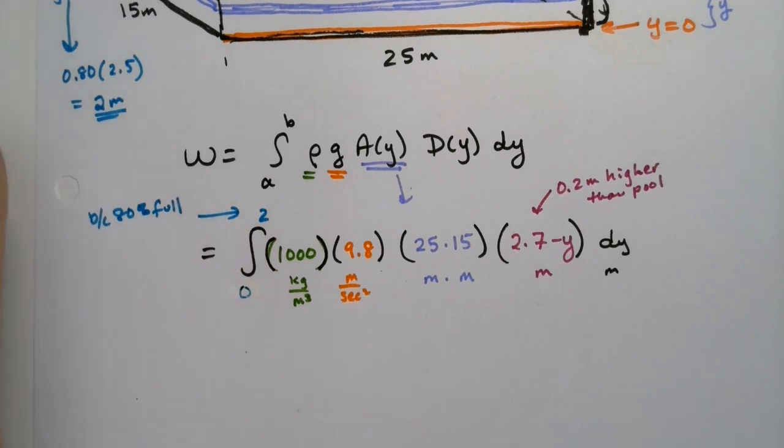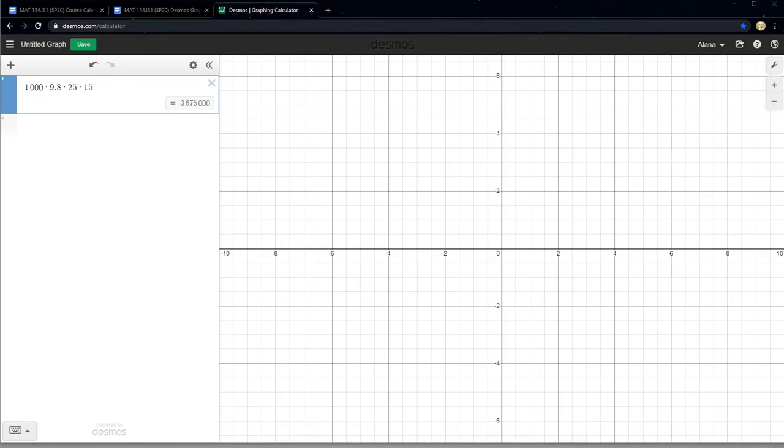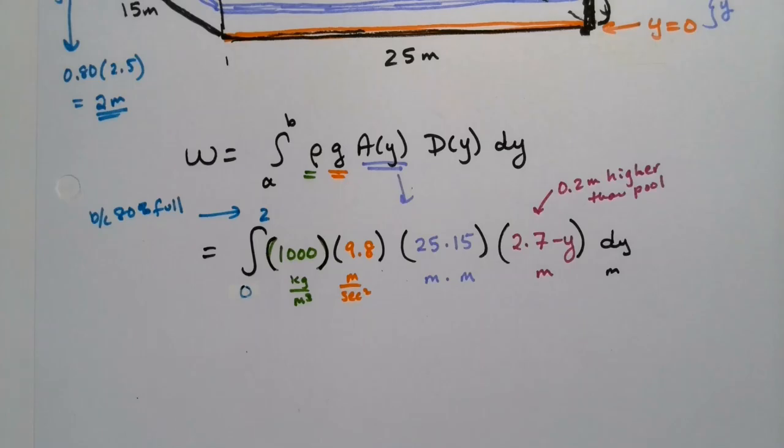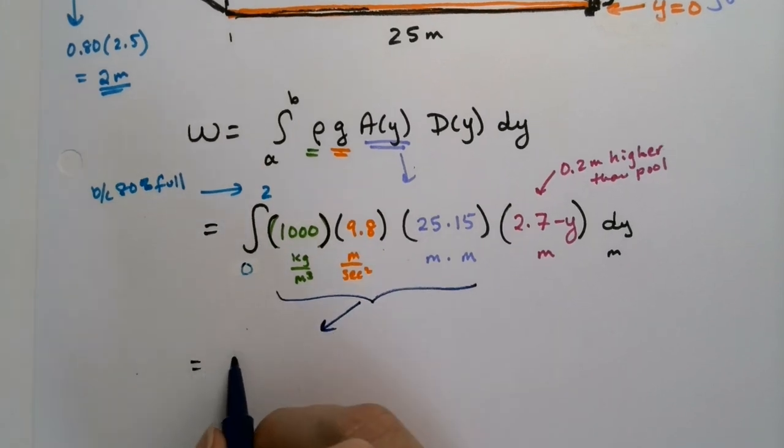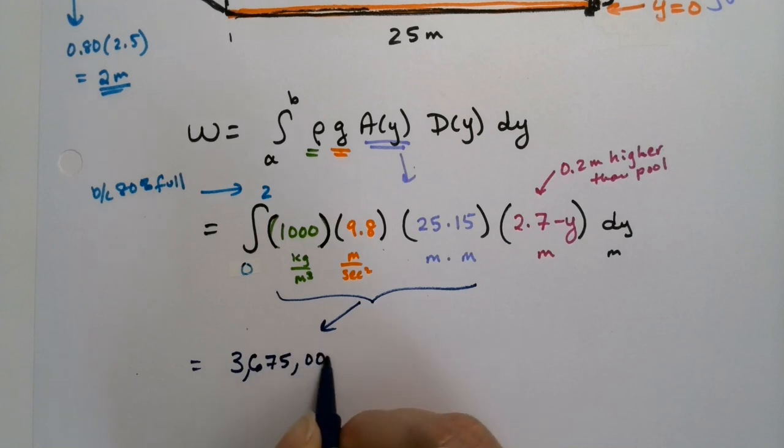All right, once we're here, this isn't so bad. I just need to find out what these numbers are. So let me grab Desmos. There. 1,000 times 9.8 times 25 times 15 is 3,675,000. All right, so all of that stuff becomes a constant out in front. So these pieces all go out in front. So it becomes 3,675,000. And then we integrate what's left.